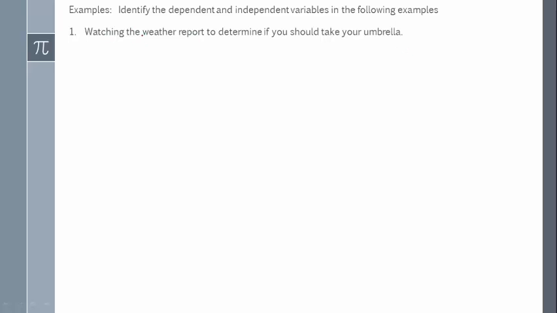So the weather report would be the independent variable. This will be arbitrary. We cannot control the weather. The weather is just whatever it is. However, we can control whether or not we take our umbrella. That is the dependent variable, and whether we take our umbrella depends on whether or not the weather report suggests that we should.